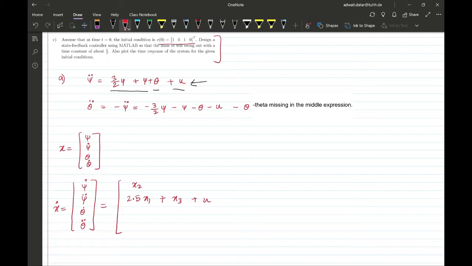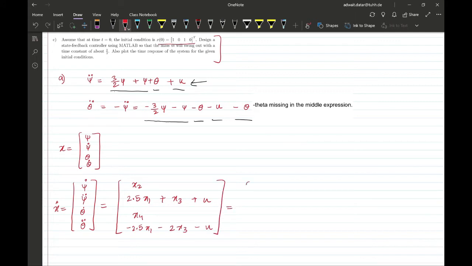Theta dot is just the fourth state, and theta double dot is now again minus 3/2 psi minus psi, that is minus 2.5 psi, and psi is the first state, so minus 2.5 x1. Then we have minus theta, which is the third state, and we have another minus theta here, so we have minus 2 theta, so we have minus 2 x3, and then we have finally a minus u, which I write as it is again.